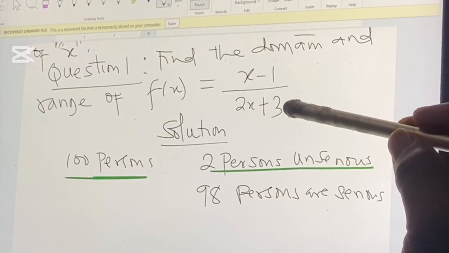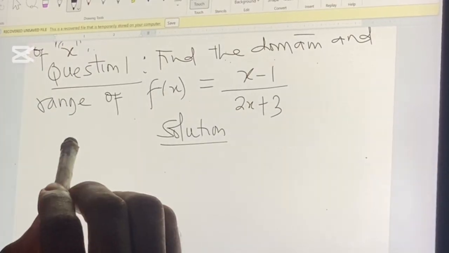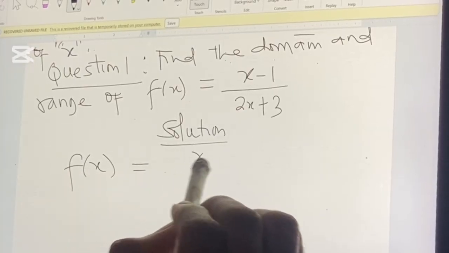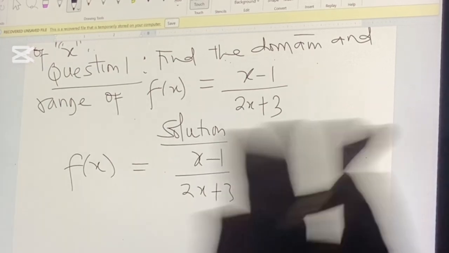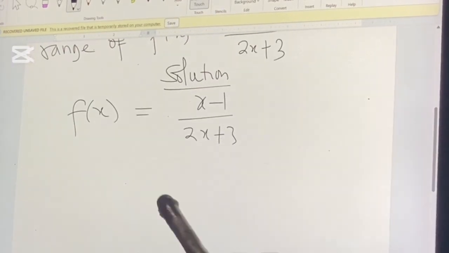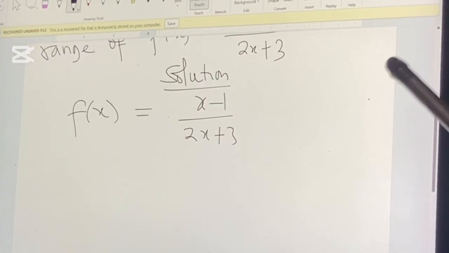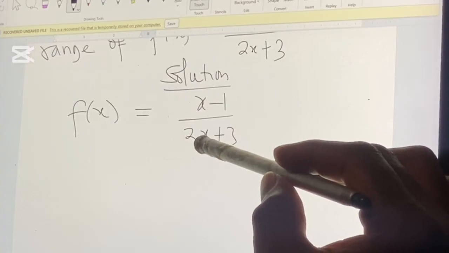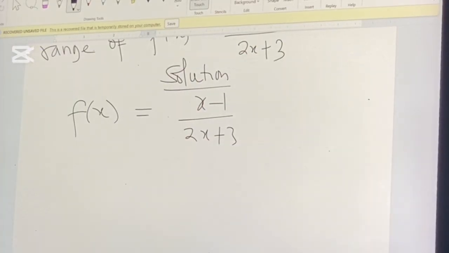So now let's get the undefined value from this particular function. I have the function f of s equal to s minus 1 over 2s plus 3. To make this function undefined means infinity. To make this fraction infinity, that means equate this denominator 2s plus 3 equal to 0 and solve for the value of s.